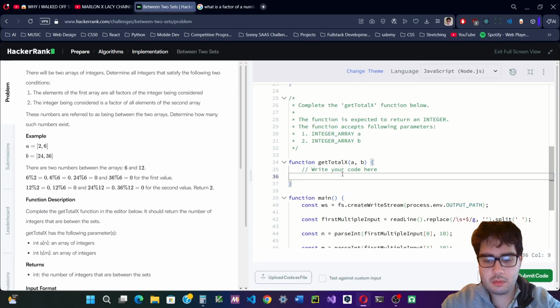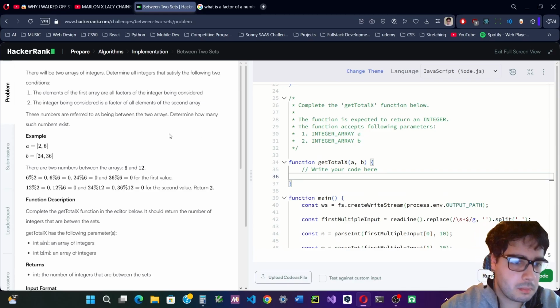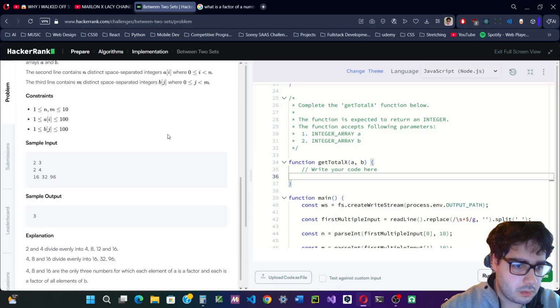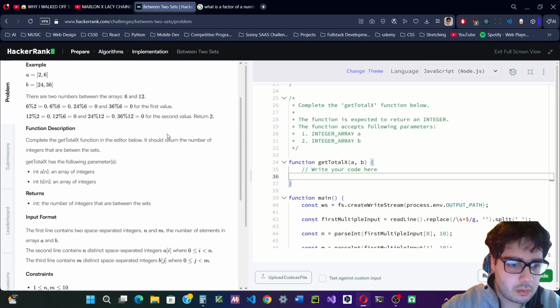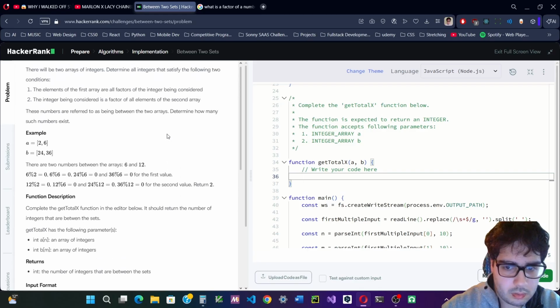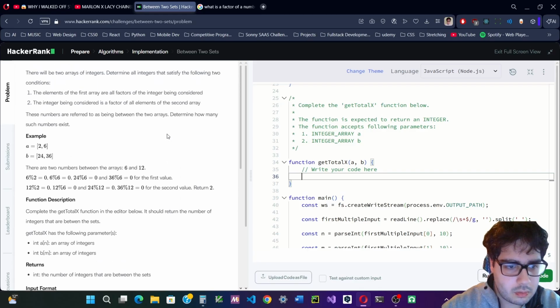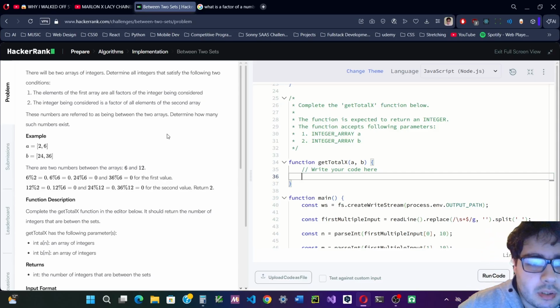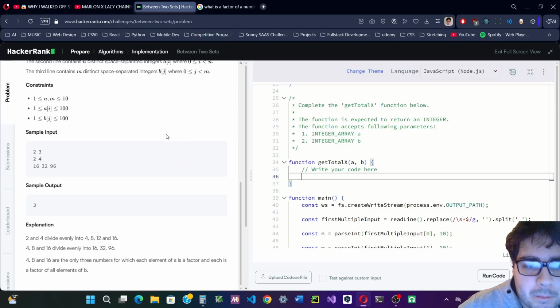Okay, so I think it starts at 1. Then 4, 8, and 16.